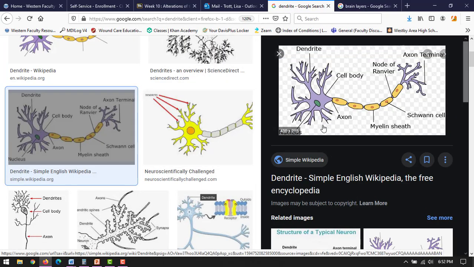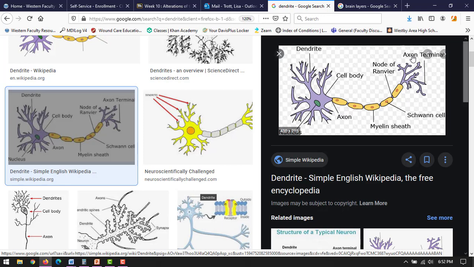So when we talk about the neuron, it's this whole thing here. When we talk about the myelin sheath, it is these coverings right here, the little yellow casings. The axon is this purple thing underneath the myelin sheaths, and this side of the neuron is called the axon.